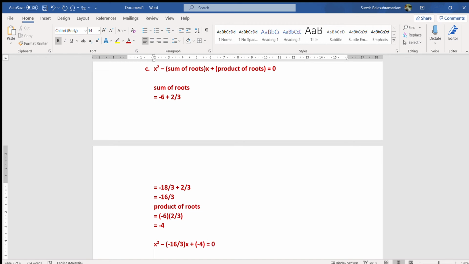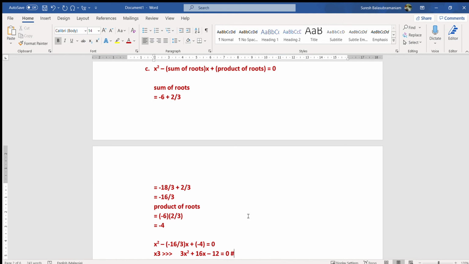Okay, I'll try to eliminate all the fractions. So I'll multiply everything by 3. I'll get 3x square plus 16x, 16 over 3 multiply 3 get 16, 16x minus 12 equals to 0. That will be the answer.